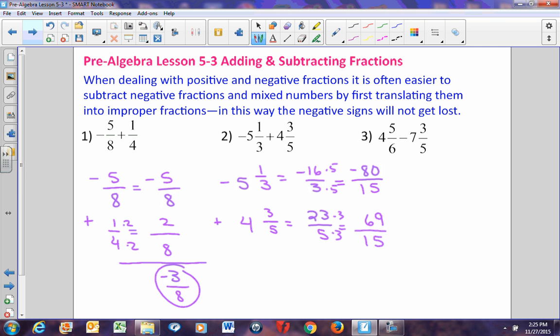Now I have an easier number to deal with because I have negative 80 plus 69. Negative 80 plus 69 is negative 11, so I have negative 11/15, and I am done at this point in time. Much easier to do as an improper fraction than it is as a mixed number. You do not want to try to do that problem as a mixed number because it can get really ugly.